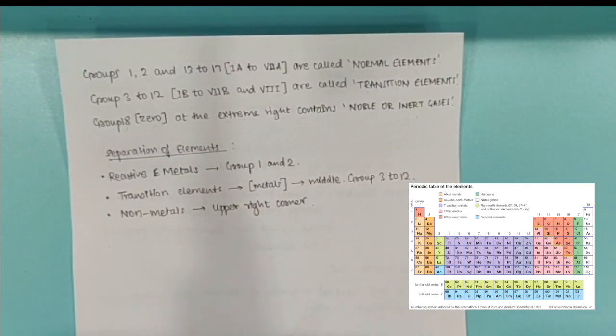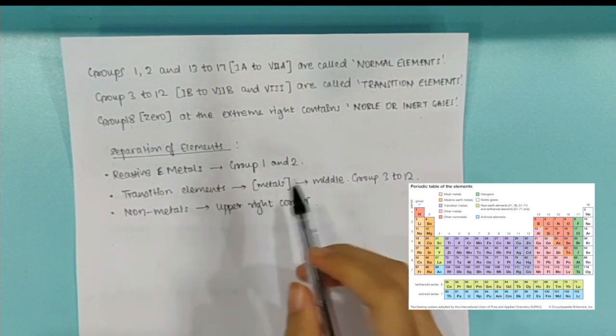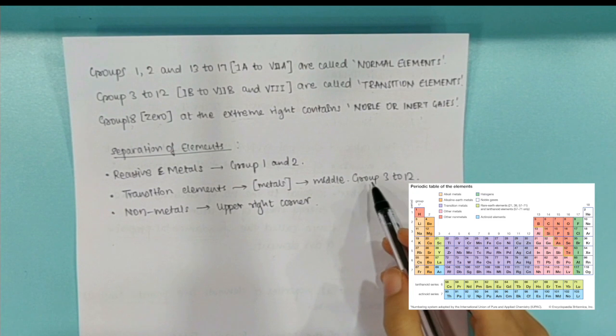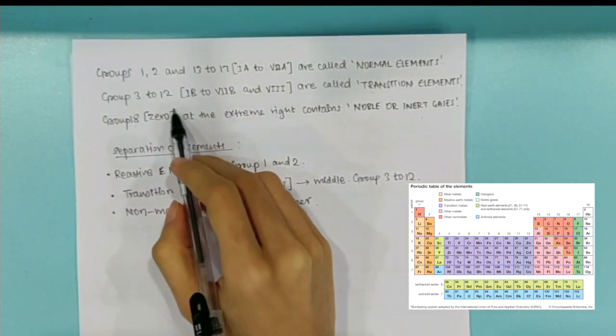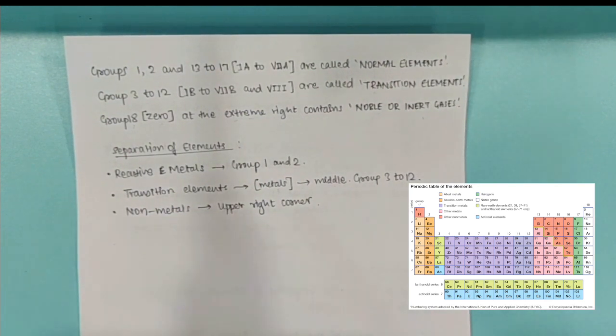Now the separation of elements is done in this way. The reactive metals are placed in group 1 and 2. The transition elements, which are also metals, are placed in the middle, that is from group 3 to 12 as we had seen here, and the non-metals are placed at the upper right corner.